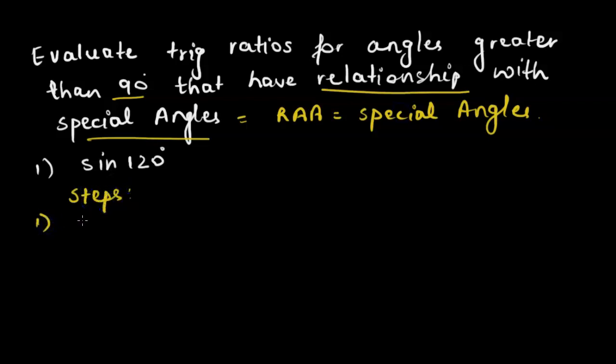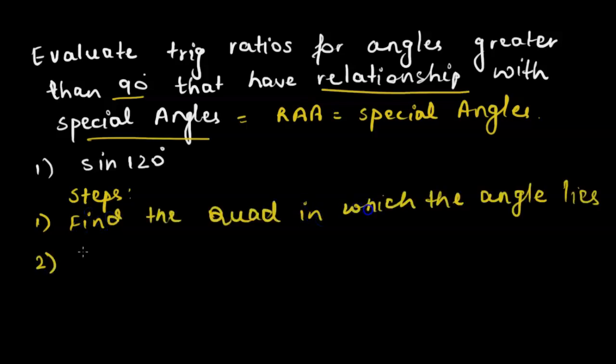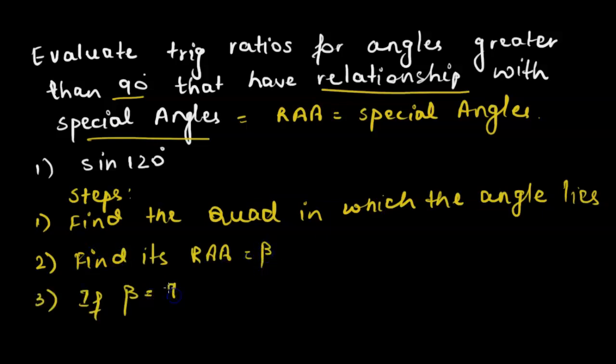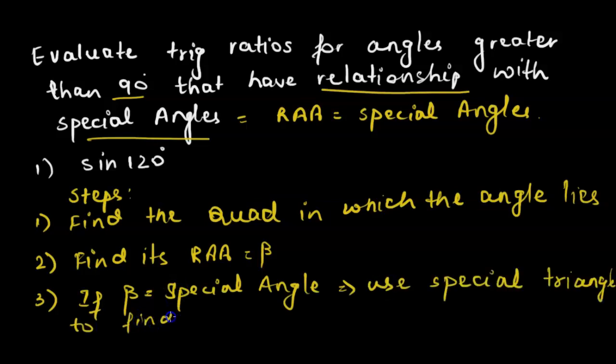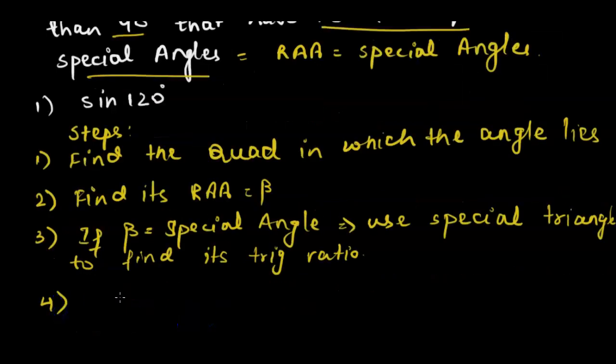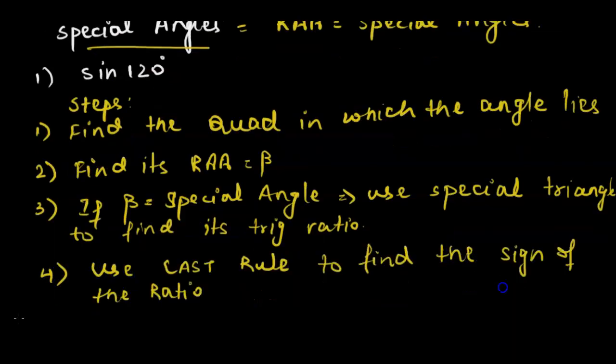The first step is we find the quadrant in which the angle lies. The next step is we find its related acute angle. Related acute angle means beta. If beta is a special angle, then we use a special triangle to find its trig ratio. After that, we use the CAST rule to find the sign of the ratio. Finally, we write down our final answer.